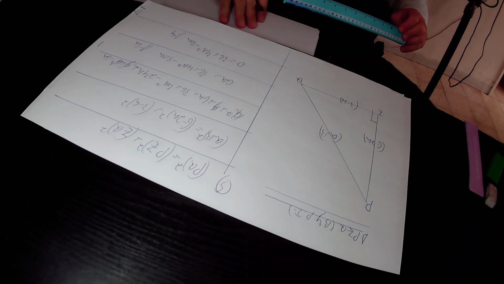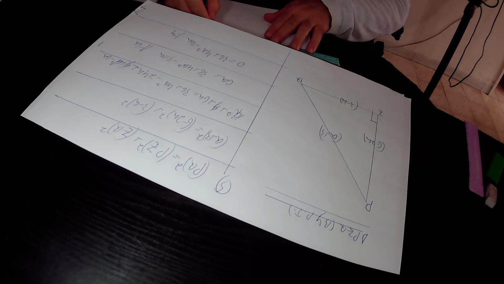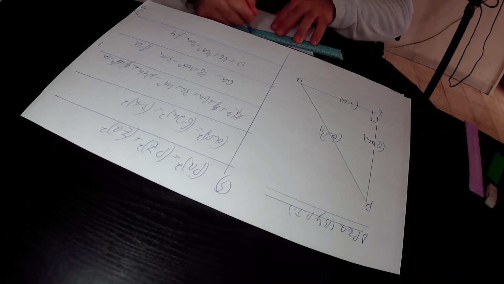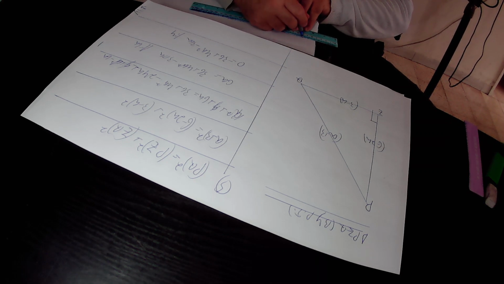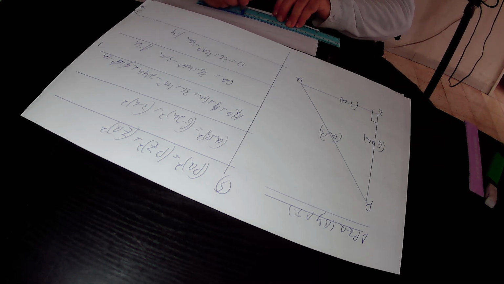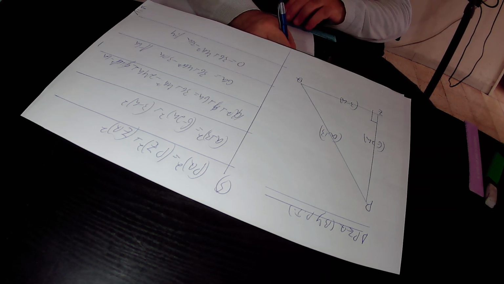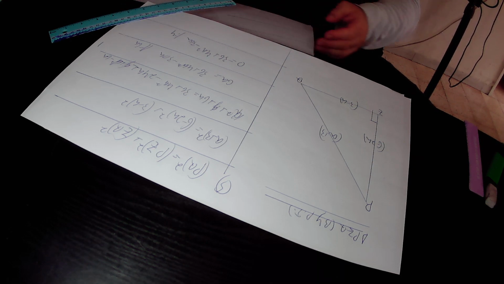And we get that 4a squared over 4 is a squared. Minus 36a over 4 is minus 9a.